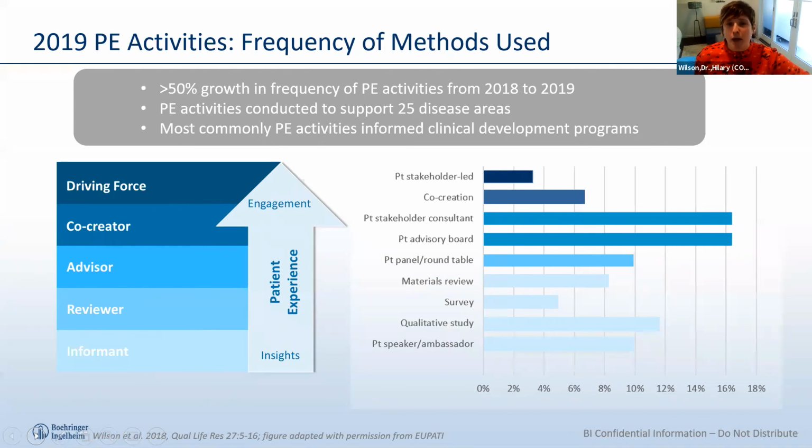As many of you know, in the field of patient engagement, we often talk about the different levels of engagement. So at the most basic level, patients can be informants. They can also review. As you move up that ladder, patients can co-create, and they can also be the driving force of activities. So when it's the driving force, we, BI, are the participant, and it becomes an engagement activity that we track when the individuals that are representing BI in that particular activity bring the insights gained from that activity and share them across the broader project team and have a discussion about how to integrate those insights into their decisions.